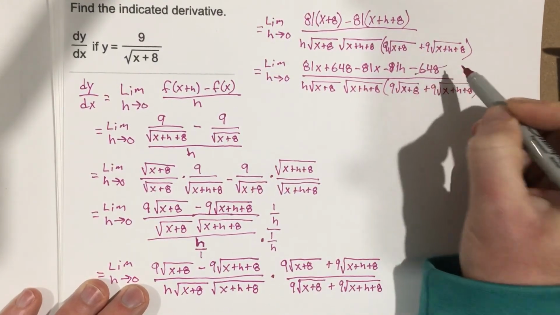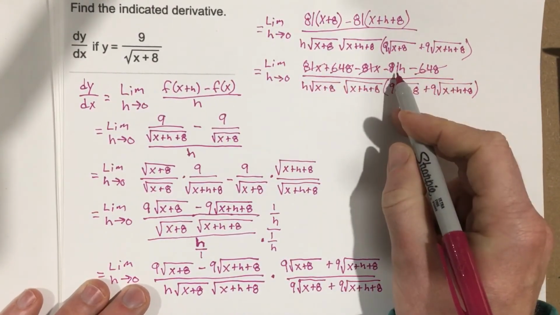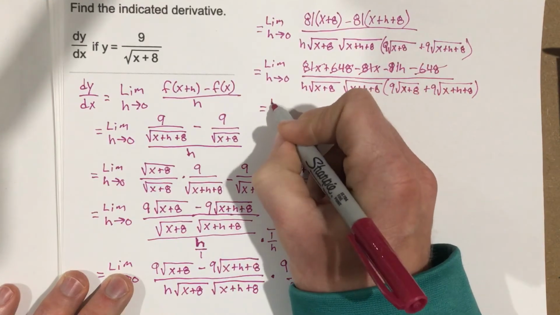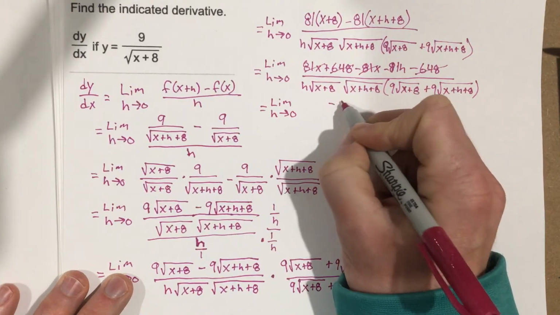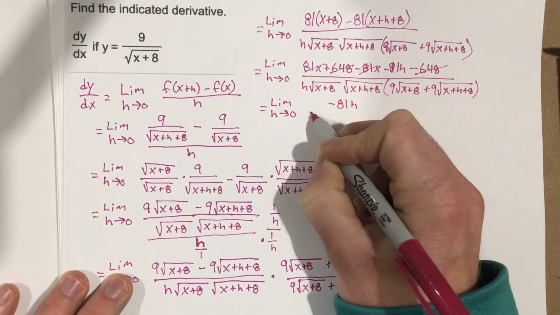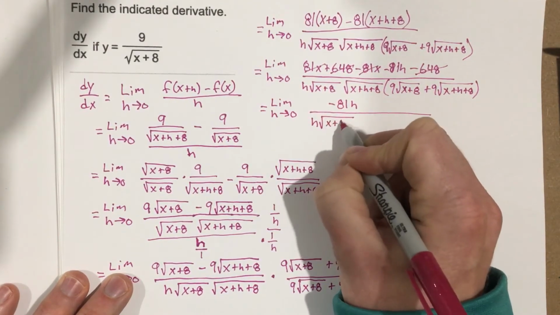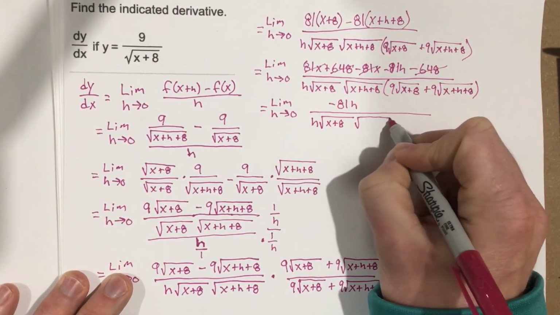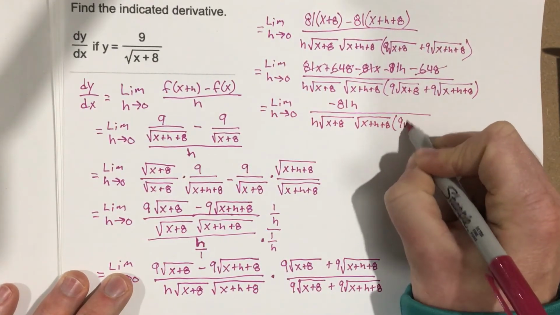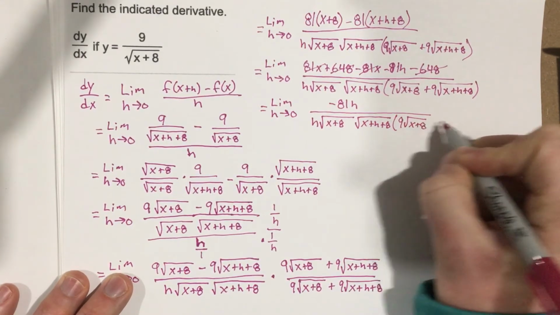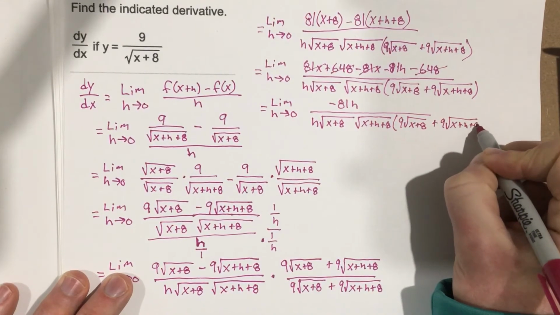You can see some things are going to cancel. That cancels here. These cancel. And you're left with negative 81h. So limit as h approaches 0, you end up with negative 81h over h root x plus 8 root x plus h plus 8, 9 root x plus 8 plus 9 root x plus h plus 8.